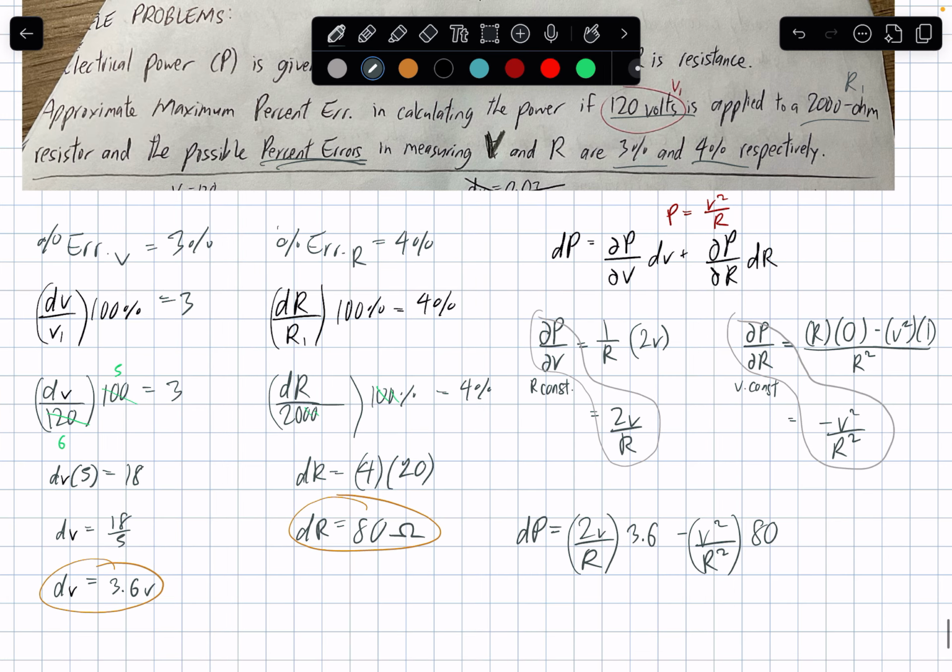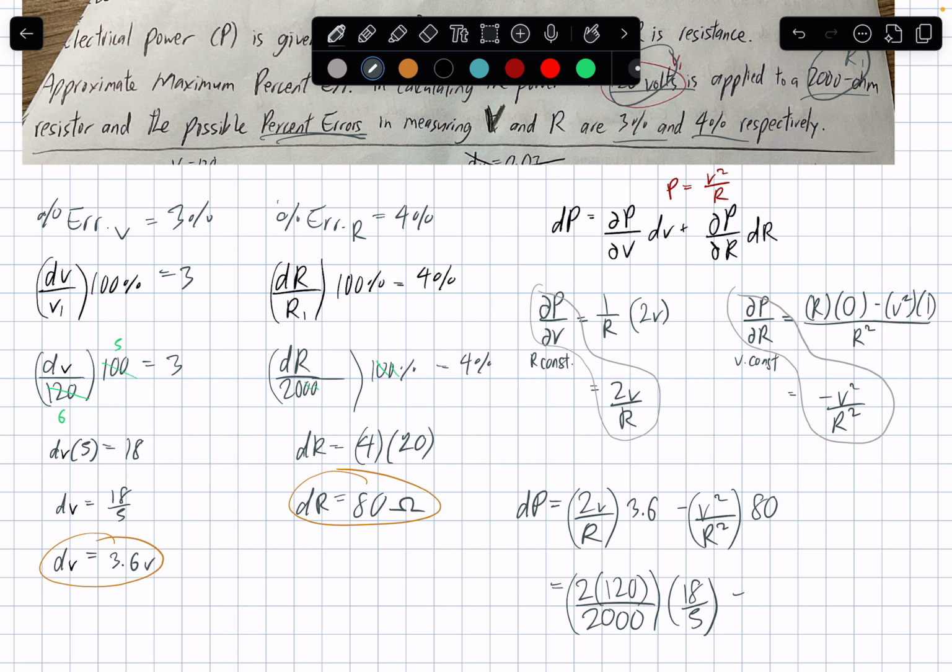What is our volt again? 120, right? And R is 2000. Substitute further. 2 times 120 over 2000, times 3.6, which can be rewritten as 18 over 5. And then V squared, 120 squared, over 2000 raised to 2, times 80.